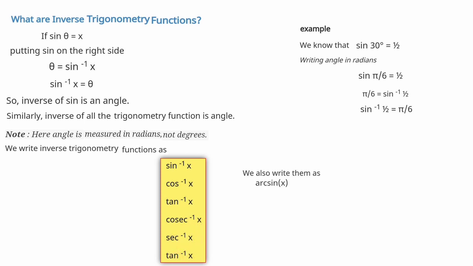There is another way of writing also. We write sine inverse x as arc sin x, arc cos x, arc tan x, and so on. Usually we use the notation sine inverse x, cos inverse x, tan inverse x, not sine power minus 1 x. This is the usual way of writing.